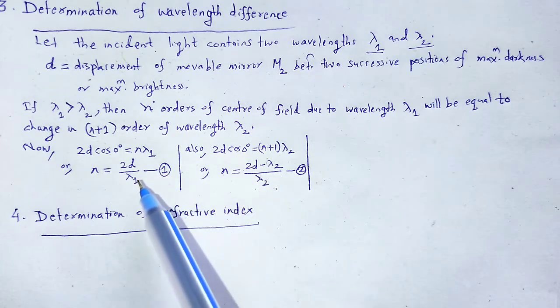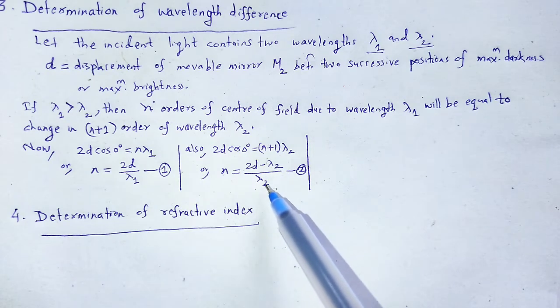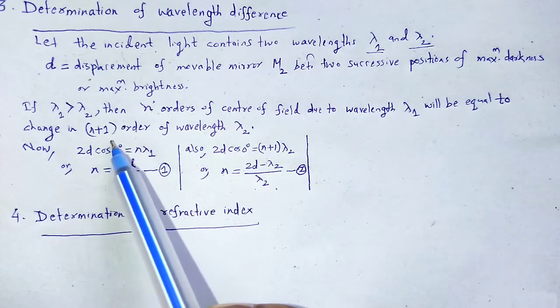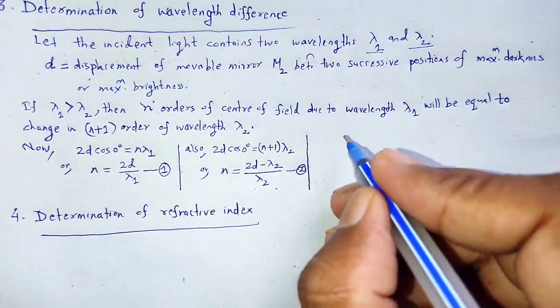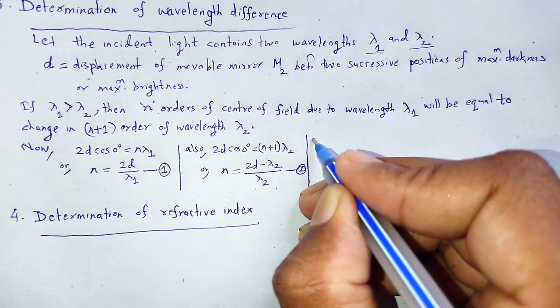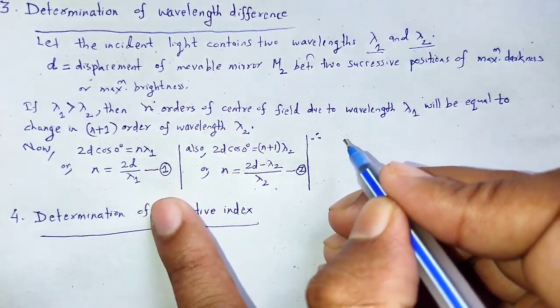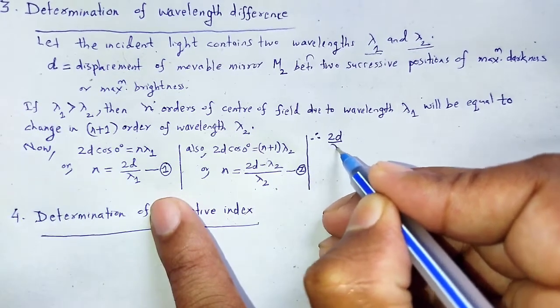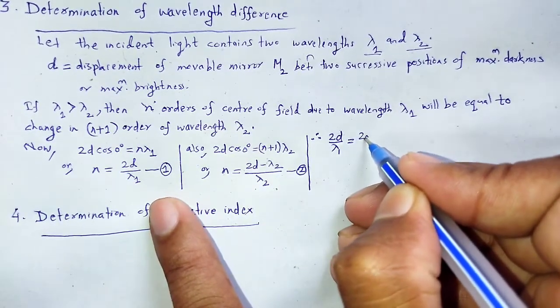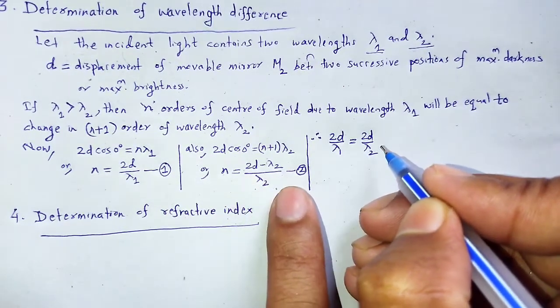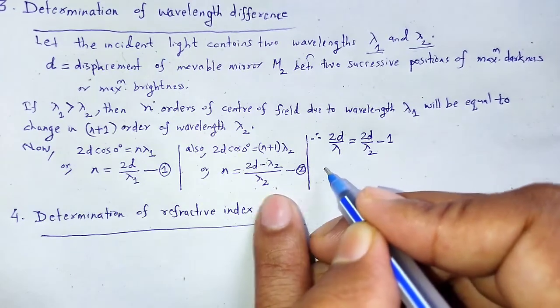Comparing 1 and 2, here n is equal to 2d by lambda 1, here n is equal to 2d minus lambda 2 by lambda 2. As we say, the n order of the center of field due to wavelength lambda 1 will be equal to the n plus 1 order of wavelength lambda 2. Therefore 2d by lambda 1 is equal to 2d by lambda 2 minus lambda 2 by lambda 2, which is 1.